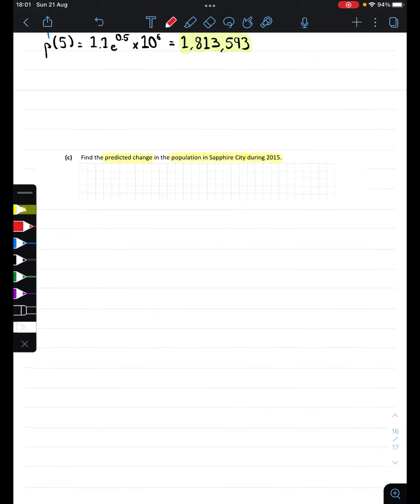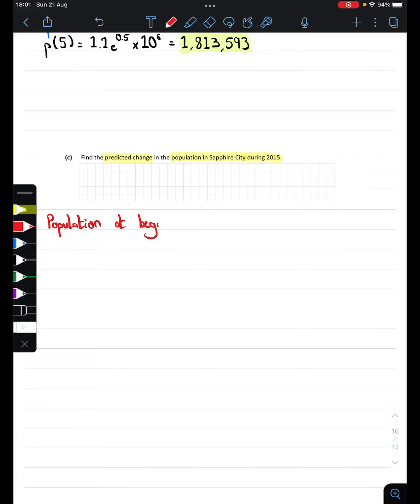Another way we could phrase this is the population at the end of the year, or at the start of the new year, population at the beginning of 2016, minus the population at the beginning of 2015.